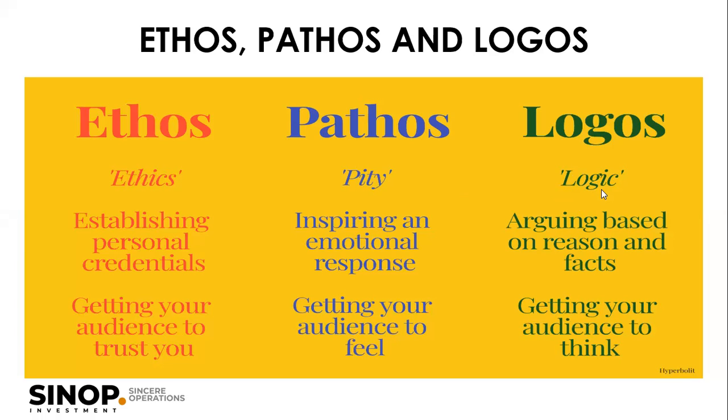So for example, according to Plato in 1986, this and that happened. So you are giving your reader evidence. You are giving your reader something that nothing else can challenge. Like, this is fact, this is true.